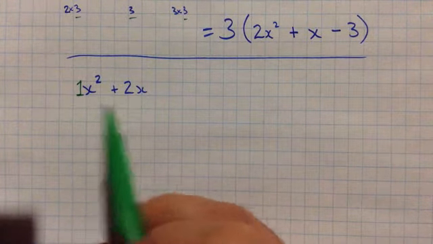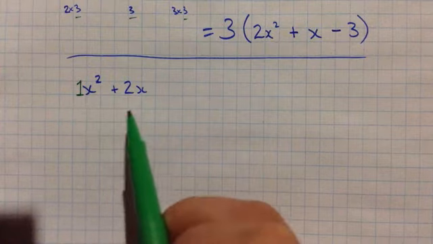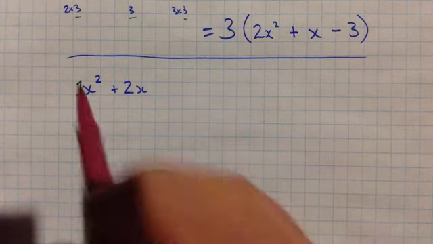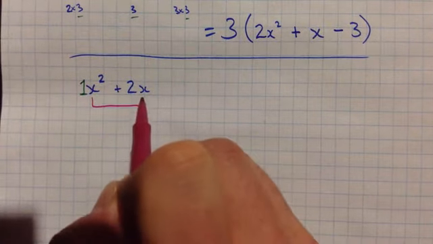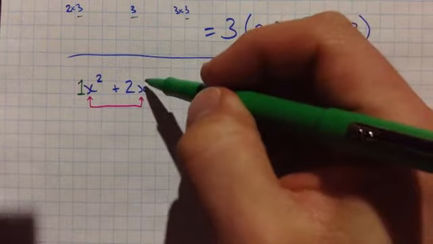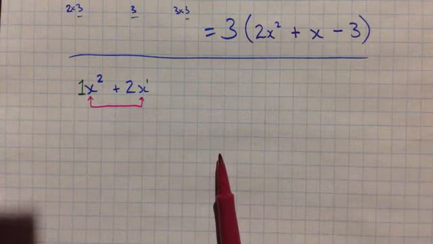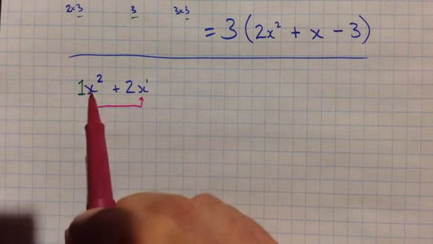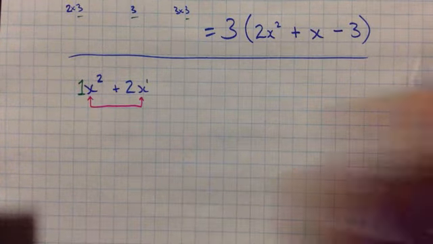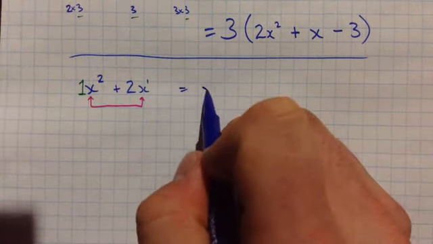In fact, there's nothing but 1 that divides nicely into both of these numbers. But I do have something in common here, because there's 1x here, and there are 2 x's here multiplied together. So I have a common factor of x.